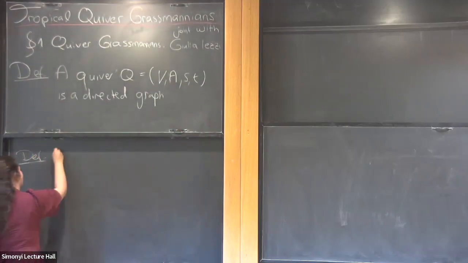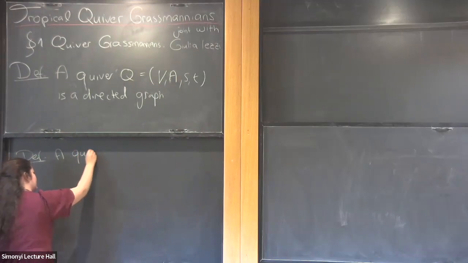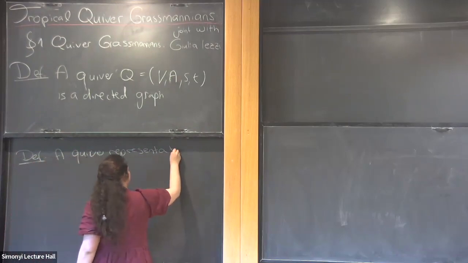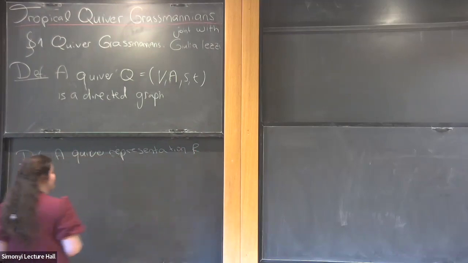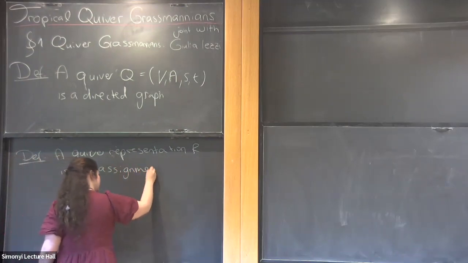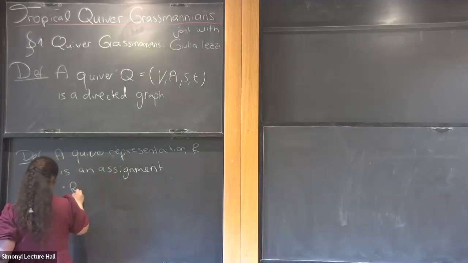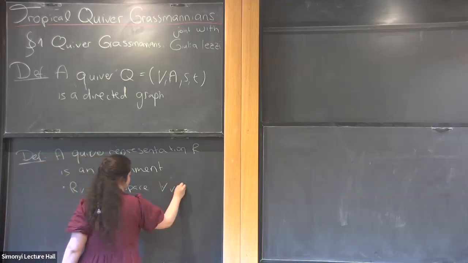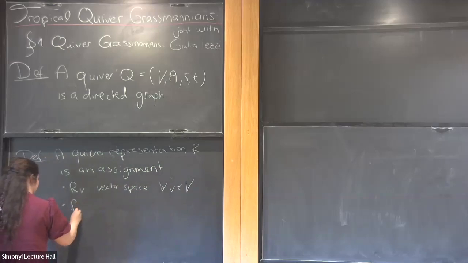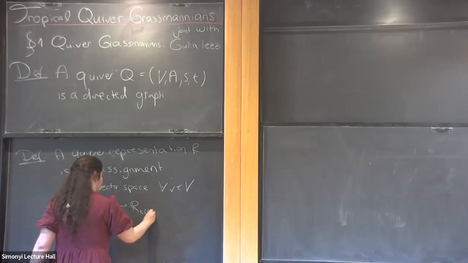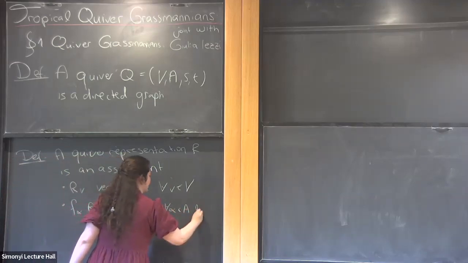A quiver representation R is an assignment of vector spaces to my vertices and linear maps between those vector spaces to my arrows: F alpha from R source of alpha to R target of alpha for all alpha, a linear map.